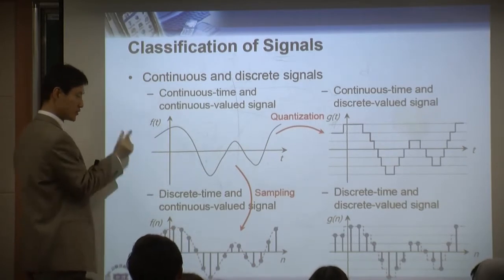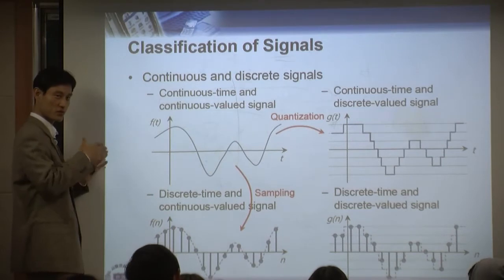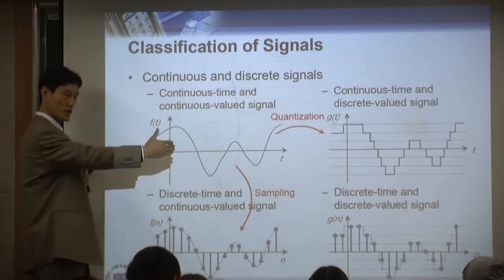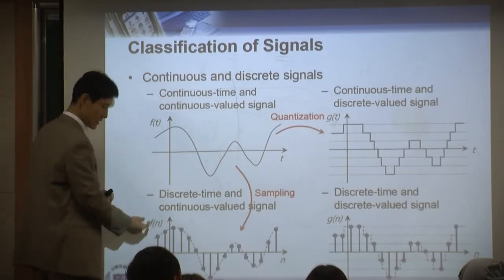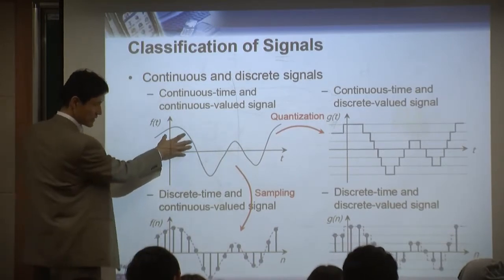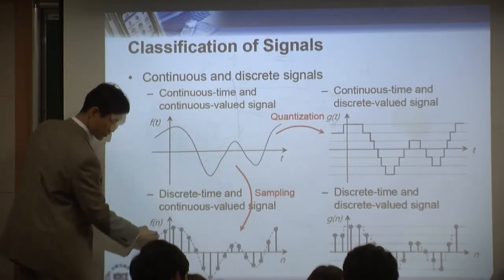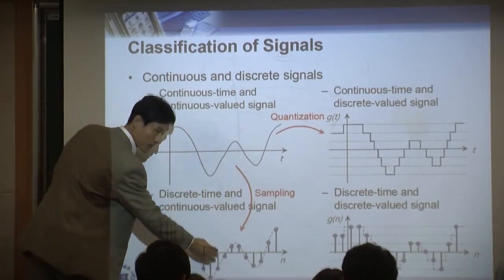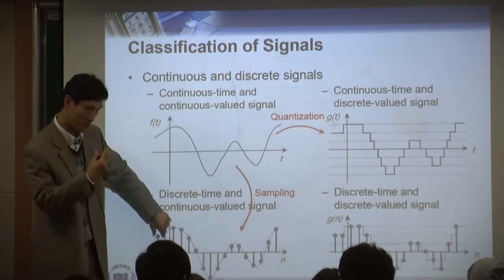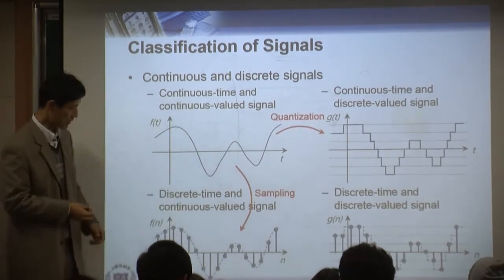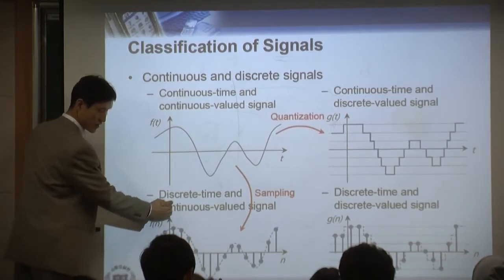So the sample duration in that case is going to be 1 millisecond, because you take 1,000 samples within 1 second. So when you sample these analog signals, you get discrete time samples. Time is now discrete based on your sampling frequency. However, look at the value here. That value can still be continuous.